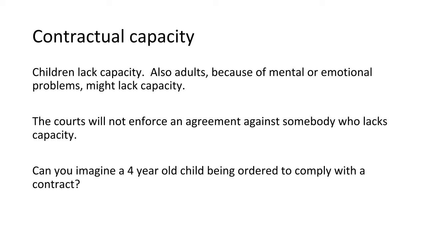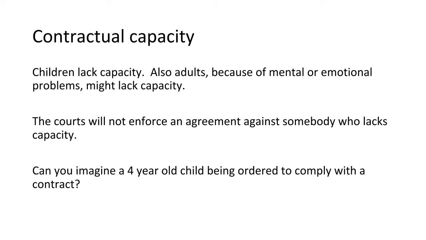Okay, the next element is contractual capacity. And that's just talking about some people who, for whatever reason, should not be allowed to make contracts. Children are the best example. Anybody under 18 years old generally is considered too young to be making a contract. They're just not emotionally mature enough or smart enough to do it. There are some adults who are also not able to form contracts because they're not mature enough or smart enough.